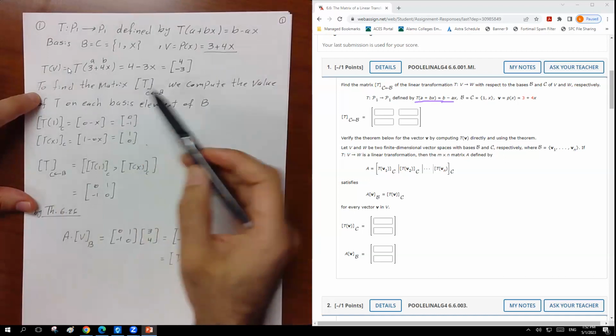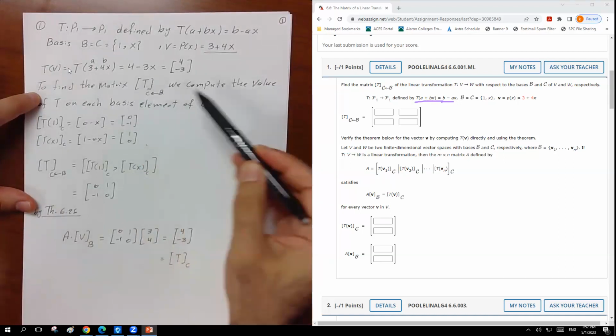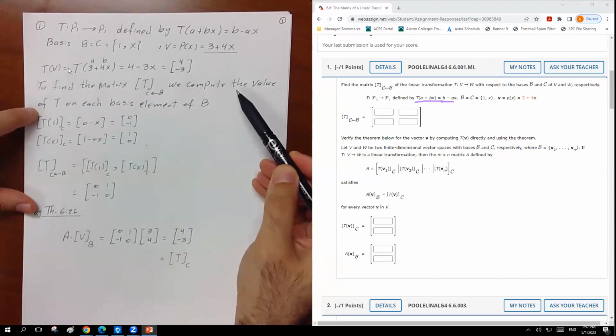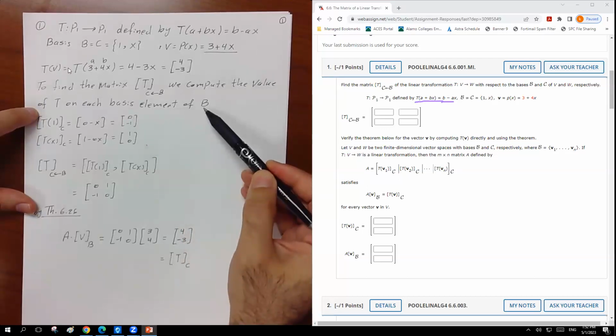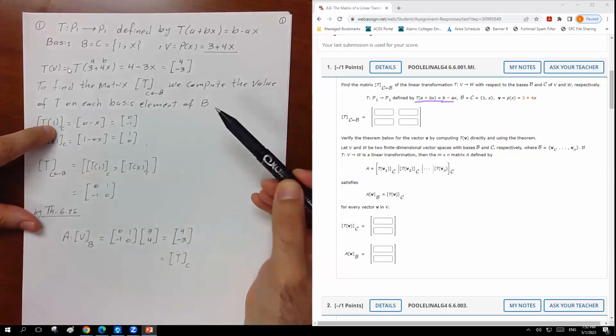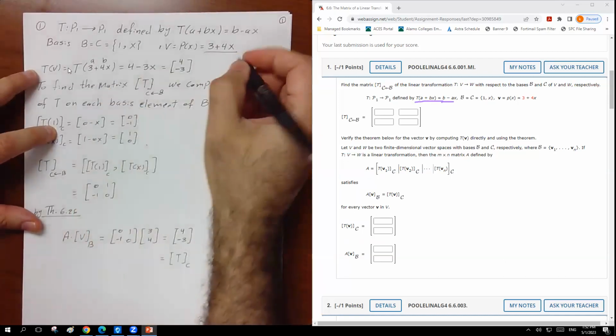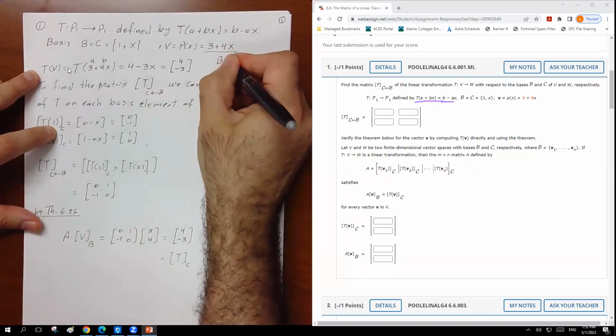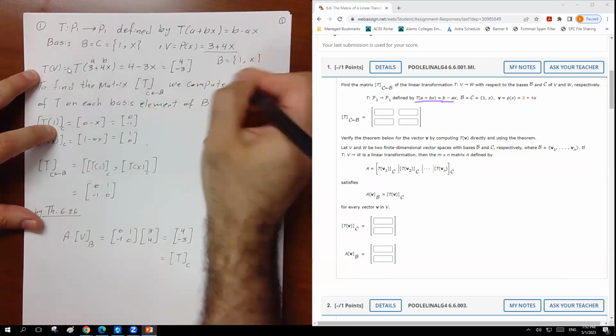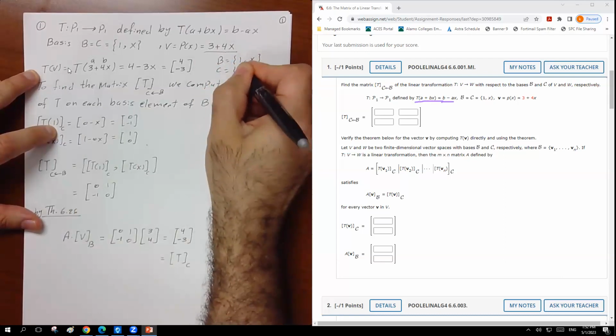To find the matrix T from B to C, we compute the value of T on the base elements of base B. The base B equals {1, x}, and the same thing, the base C equals {1, x}.